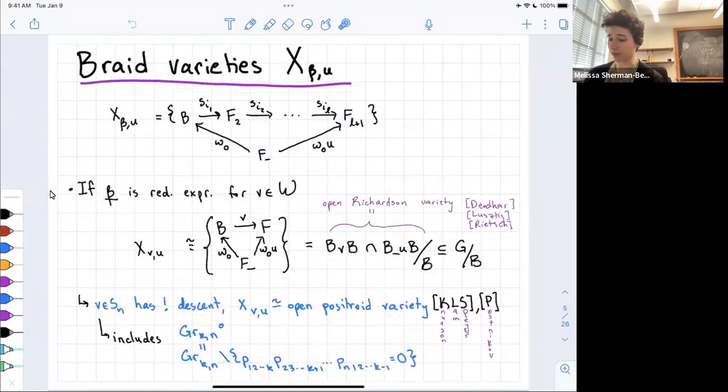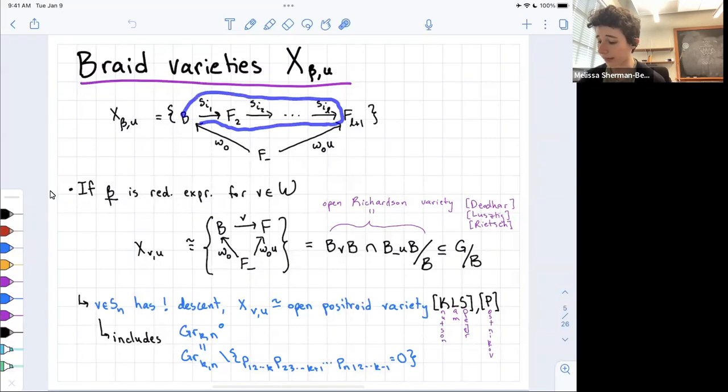Well, our main motivation were some special cases of braid varieties that we were already interested in. If you choose your word beta underline to be a reduced expression for some element V of the Weyl group, it turns out that the information of this whole walk of flags is actually contained in the final flag.